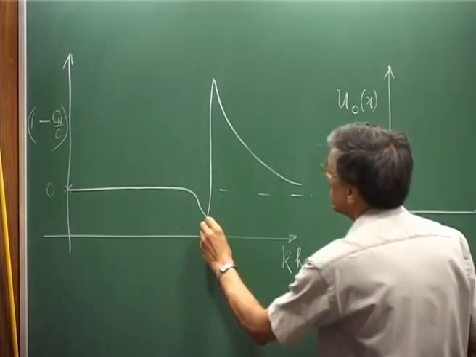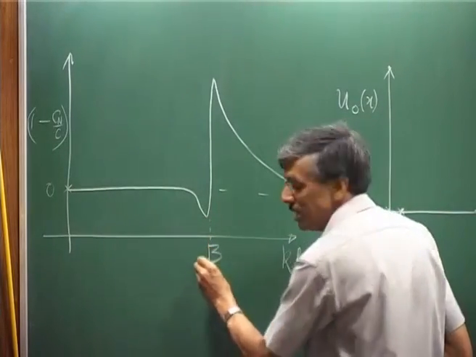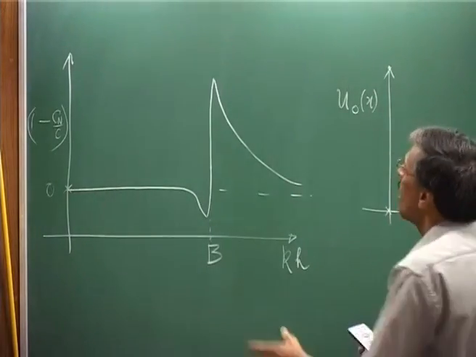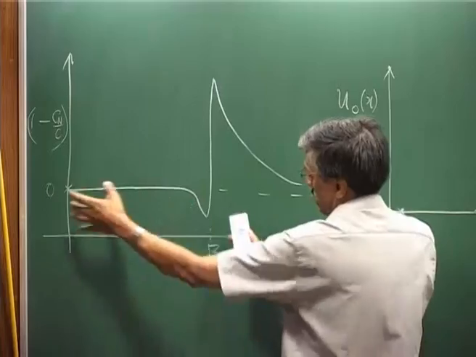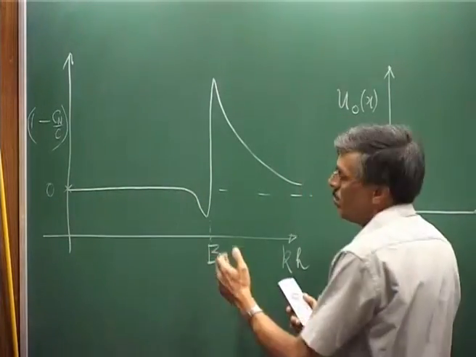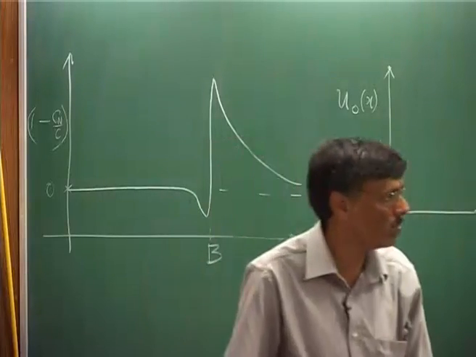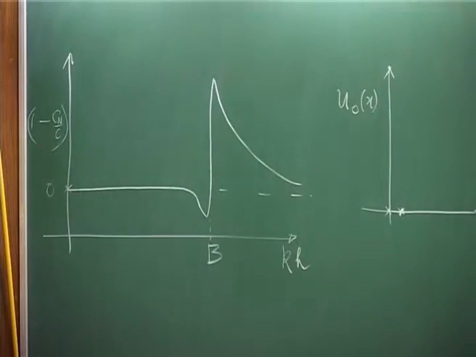This point corresponds to B. So, this quantity remains benign for the whole range of k h, but for a particular value of k h it actually has a very sharp maximum, and that maximum gives rise to this second peak, and that also keeps growing.